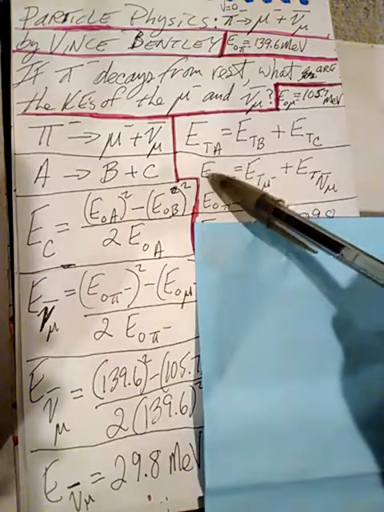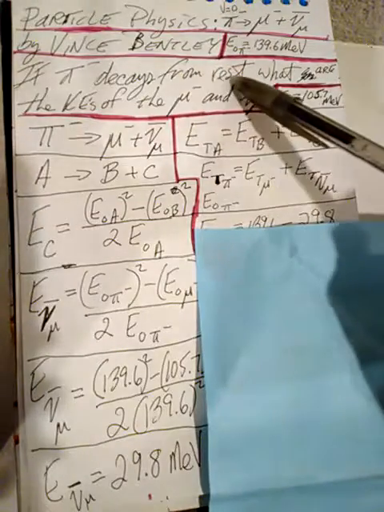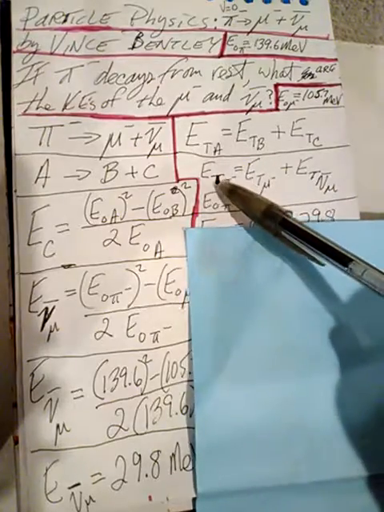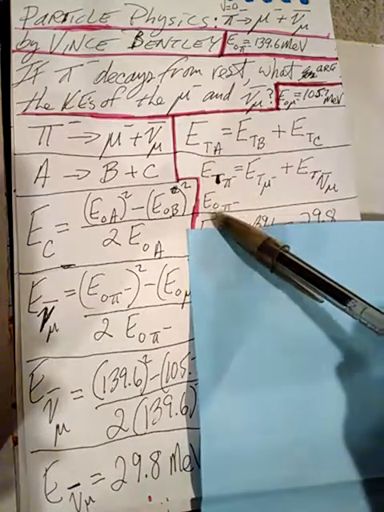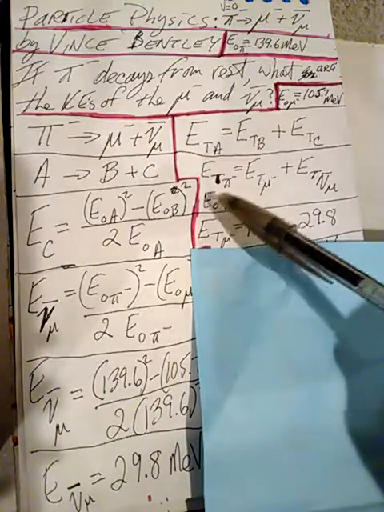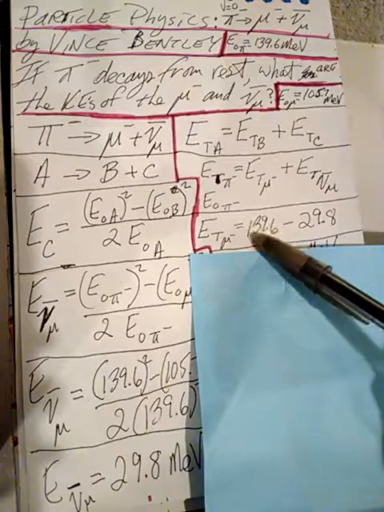Remember that the pion started from rest. I told you over here V equals 0, and in the question I said from rest. So the total energy of the pion will be the rest energy of the pion, which I gave to you right there, 139.6.